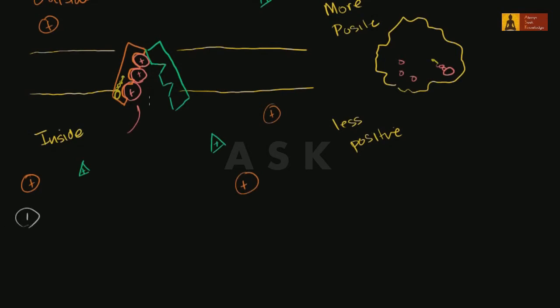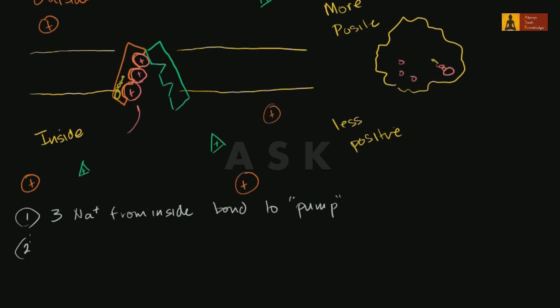So step 1, we have sodium ions, and actually let's keep count of them. We have 3 sodium. These are the actual ratios. 3 sodium ions from inside the cell or the neuron. They bond to the pump, which is really a protein that crosses our membrane.